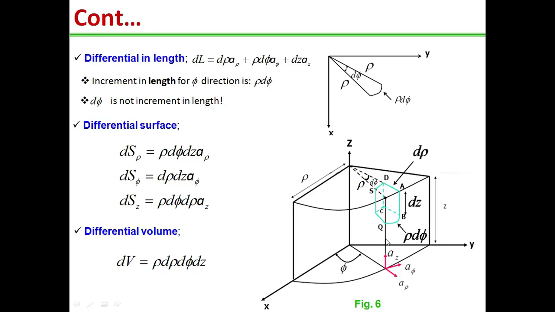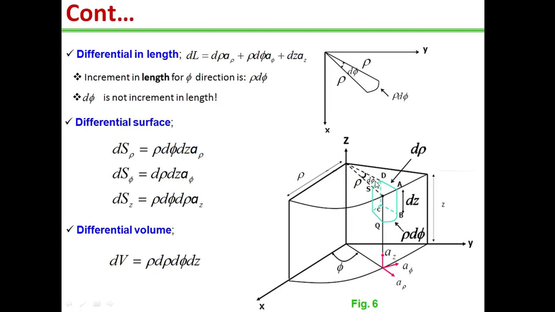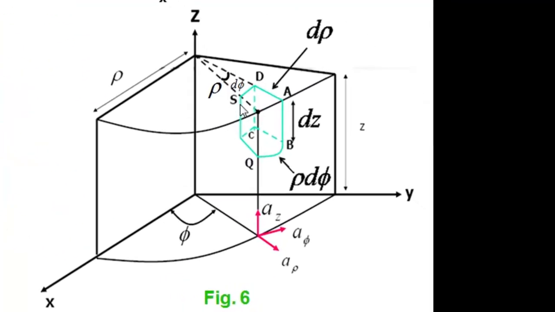So what will be the differential length along the rho direction? In the rho direction, you can see this encircled figure. Here the variation of rho is given by this length. This is basically d rho. And if we calculate the change in length along the phi direction, this is the length. This is basically the arc. So this arc length is calculated by the radius multiplied by the change in the angle.